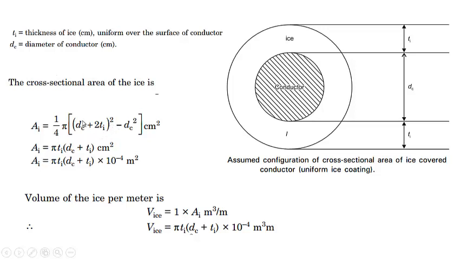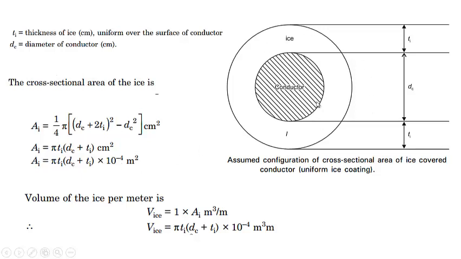Taking ti outside, it will equal pi ti into (dc plus ti), and since both of them are calculated in centimeters, the unit of area will also be in centimeters squared. So when we convert it into meters, the area will be equal to pi ti into (dc plus ti) into 10 to the power minus 4 meters square.